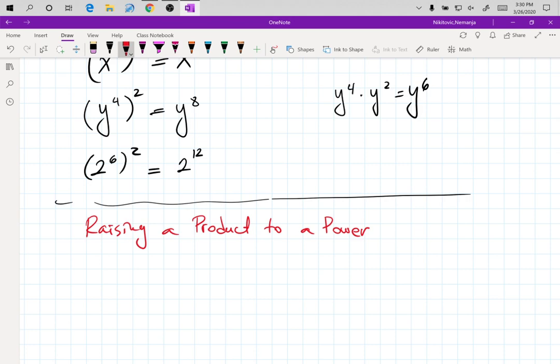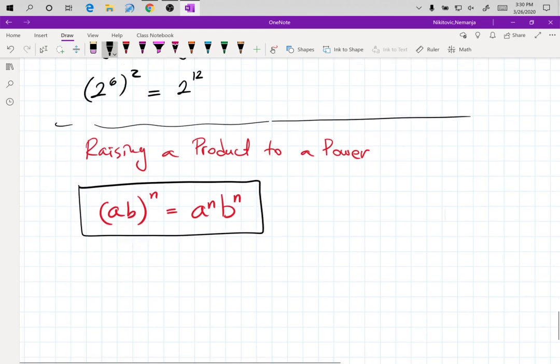One of my favorites. If you have 2 numbers that are multiplied and raised to a power, you can apply that power to each one of the factors inside the parenthesis.